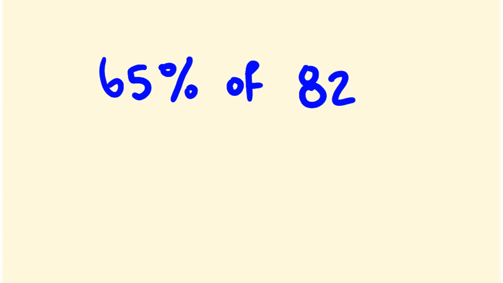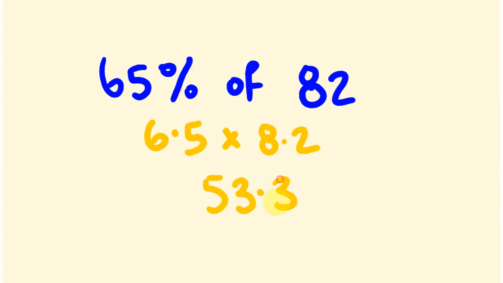If you're still looking at this, you're probably not at the stage where you're doing 6.5 times 8.2 in your head. But even if you can pull a calculator out and do that, you're better off than where you were. I'll put a link up on how you can deal with these and start working these out in your head as well. By the way, 65% of 82, the answer to that is 53.30, just in case you had worked that out.